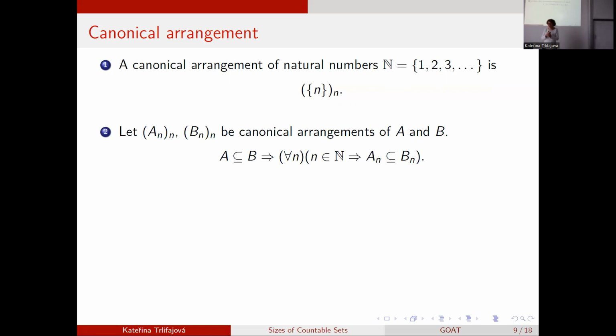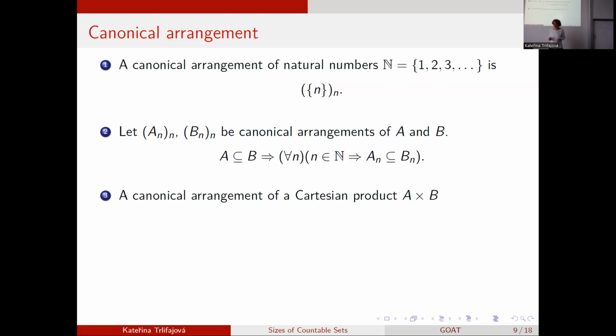If two sets are canonically arranged, and A is a subset of B, then the nth component of A is a subset of the nth component of B. This is the second condition. Of course, if I have a canonical arrangement of B, then I also have a canonical arrangement of A, but not for supersets.